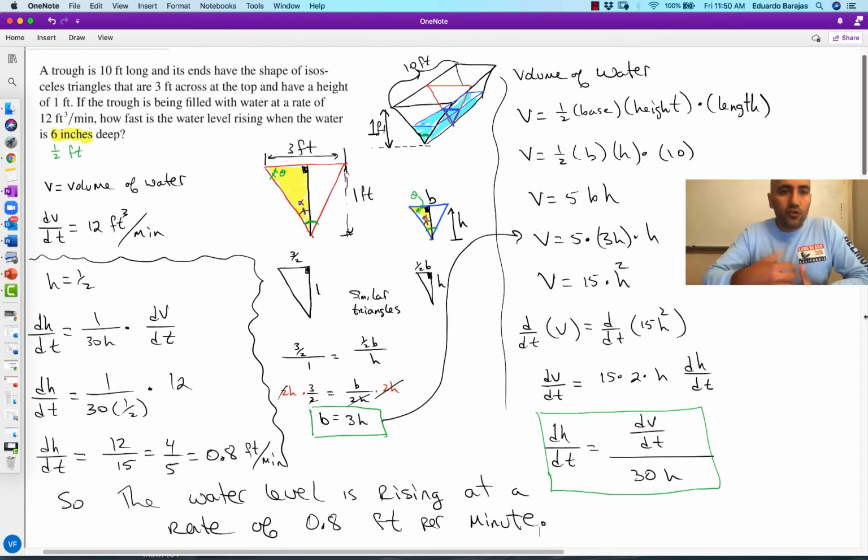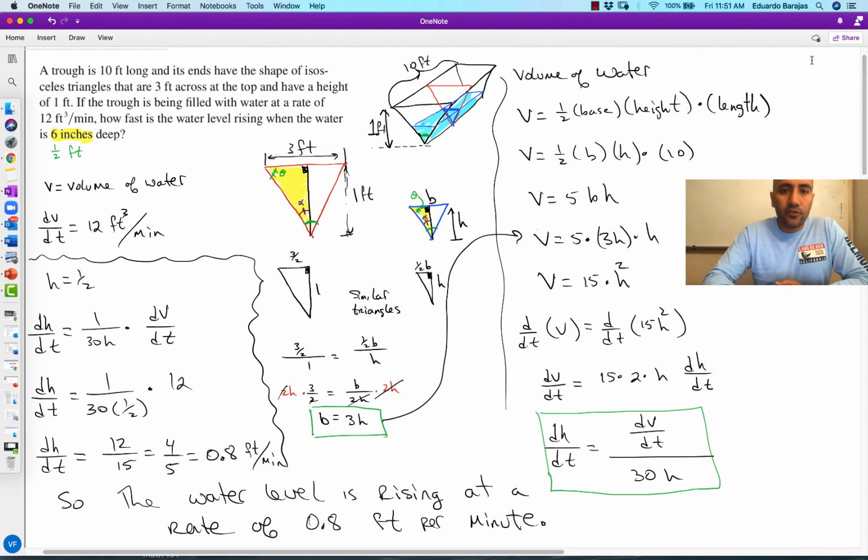Okay, so we have our trough. We're pouring water at a rate of 12 cubic feet per minute, that is dV/dt, right? It's positive because we're increasing the volume. And we were able to figure out a formula for dh/dt, where h represents the height of the water line, right?